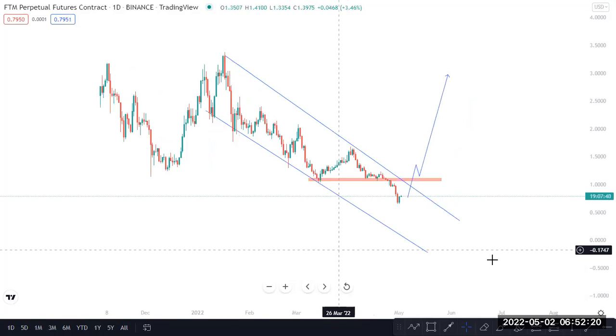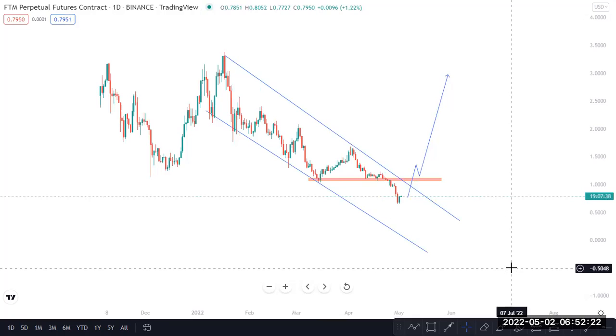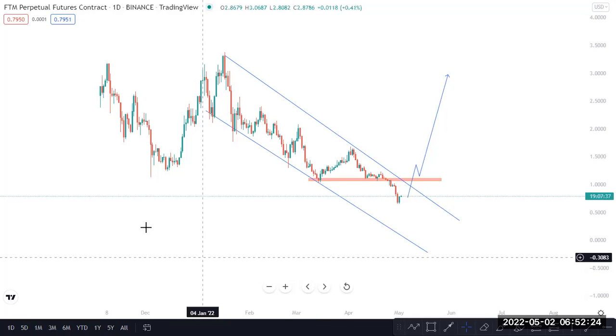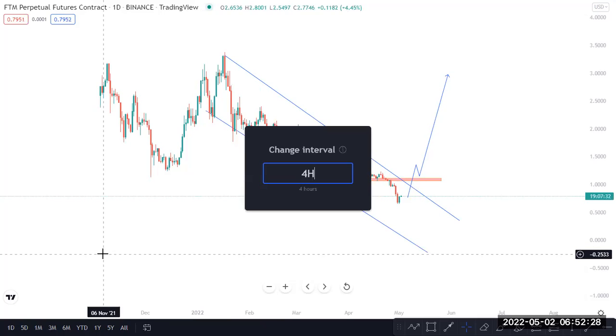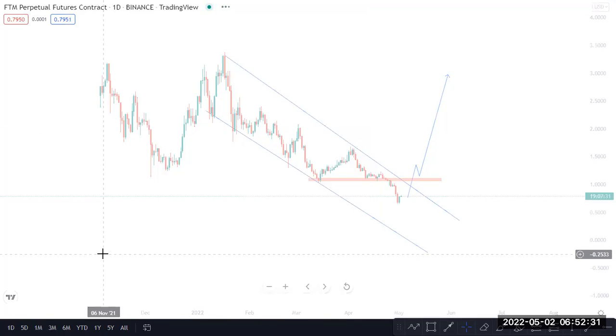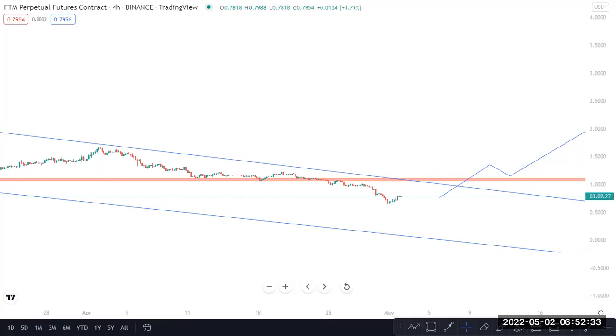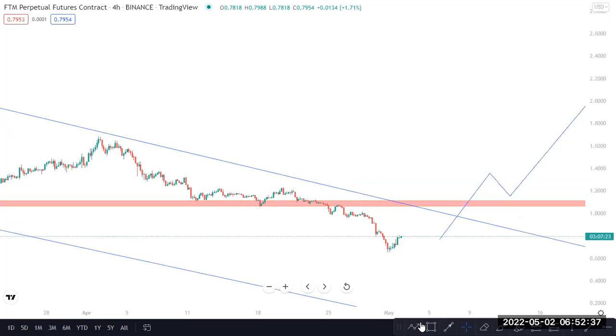Right. So let me shoot into the 4-hour time frame. I'm not sure, guys, if I've answered you or you still have any question. So on the 4-hour time frame, you can see this supply zone.